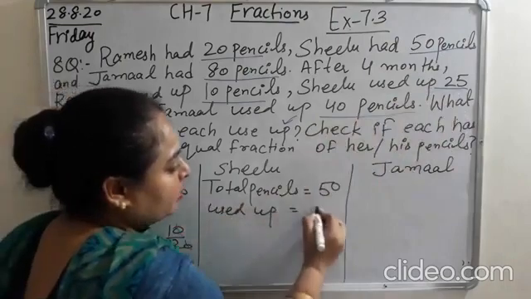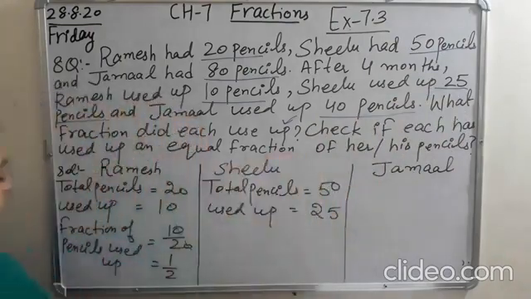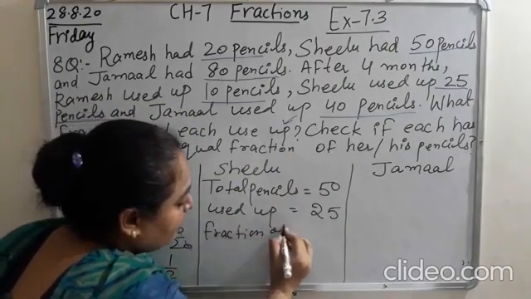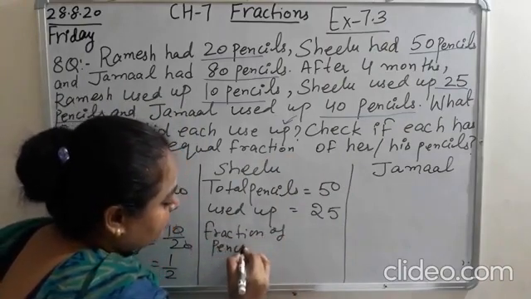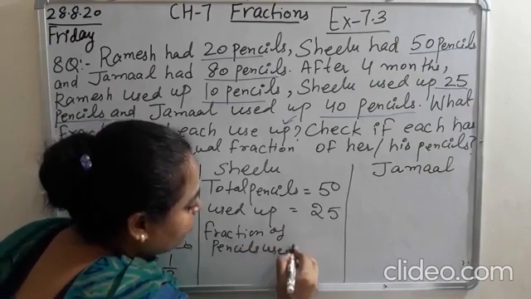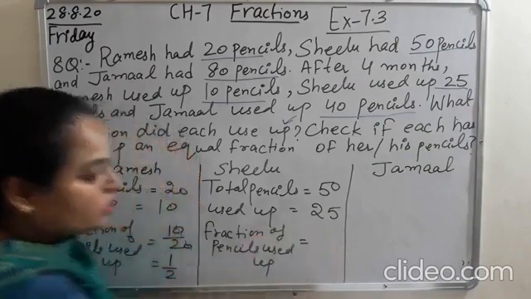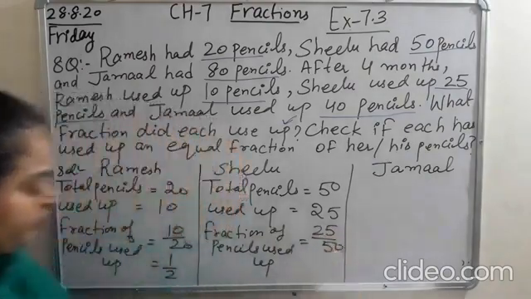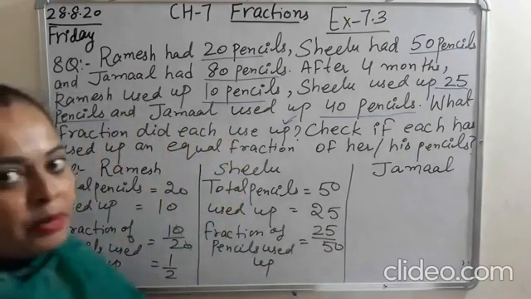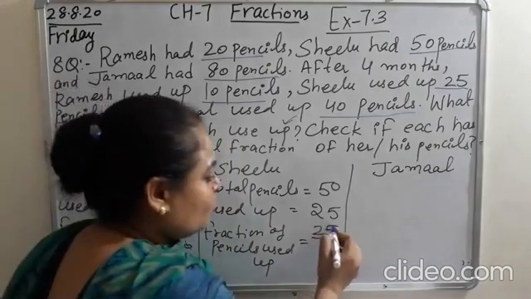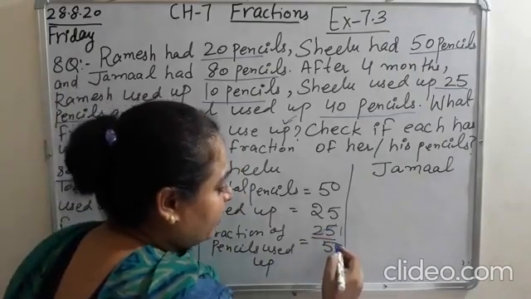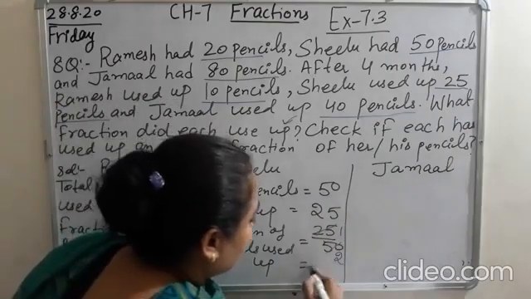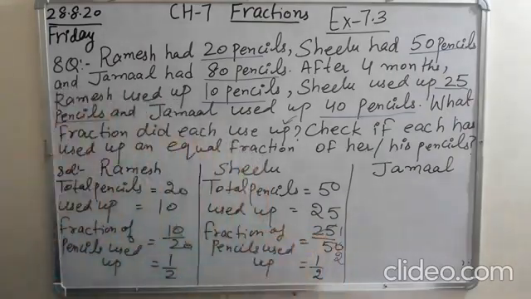So the fraction of pencils used up is equal to 25 by 50. Cancellation in the table of 25. 25 1s are 25, 25 2s are 50. So after cancellation you will get 1 by 2.